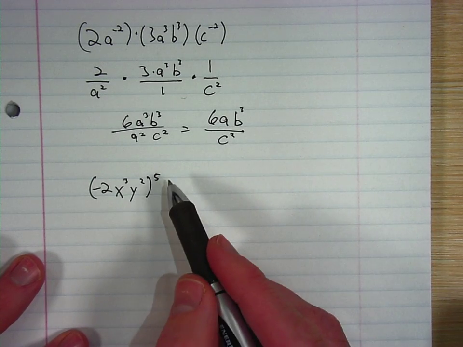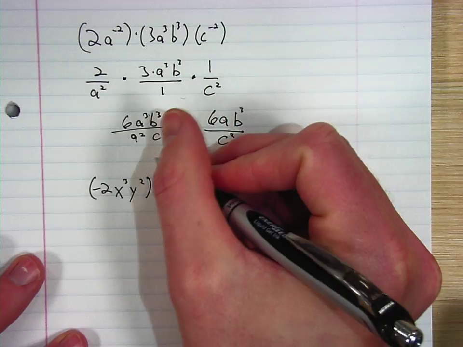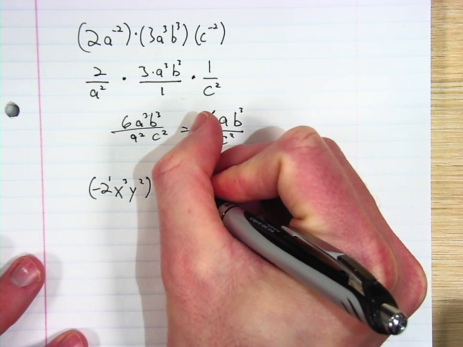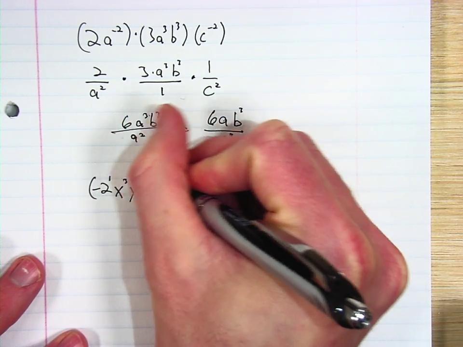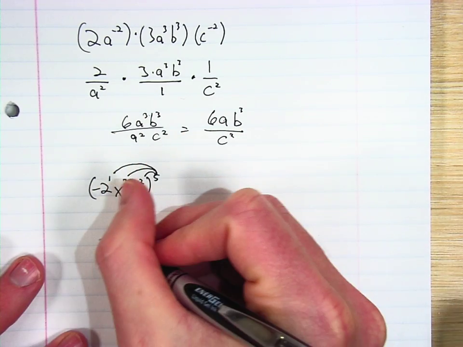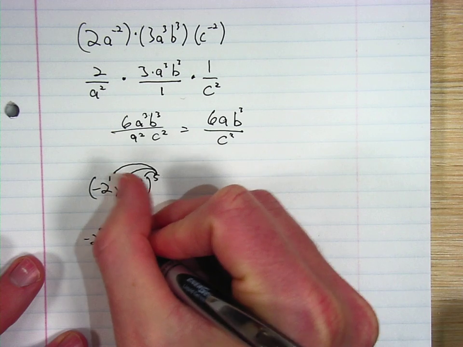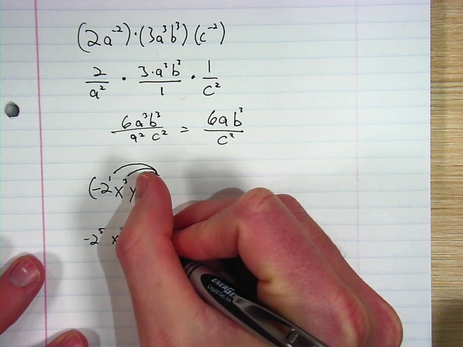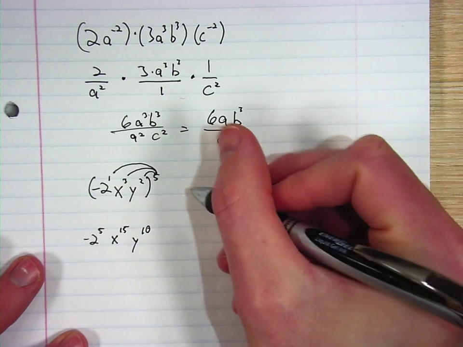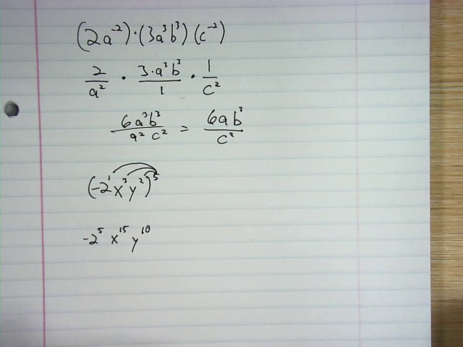This 5 is going to come into everything. So this is really negative 2 to the 1st power. When I multiply my exponents, I'm multiplying 5 times 1, 5 times 3, 5 times 2. So this is negative 2 to the 5th, x to the 15th, y to the 10th. We're going to multiply our exponents there.